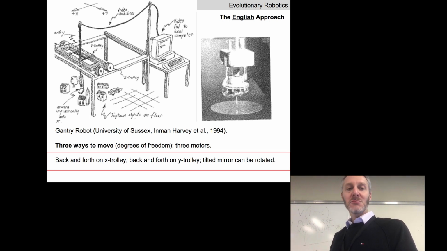They then put a smaller Y trolley on top of the X trolley that would drive along the Y axis up and down the length of the X trolley at the same time that the X trolley is moving. So we have two motors at the moment, one driving one trolley, the other motor driving the other trolley.